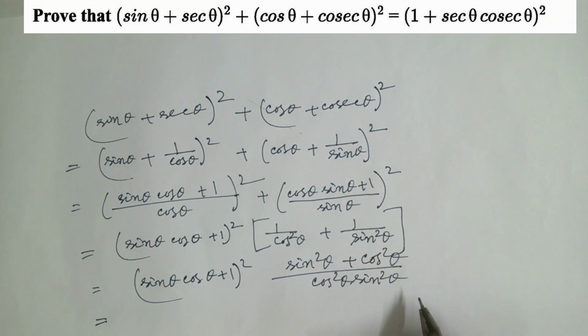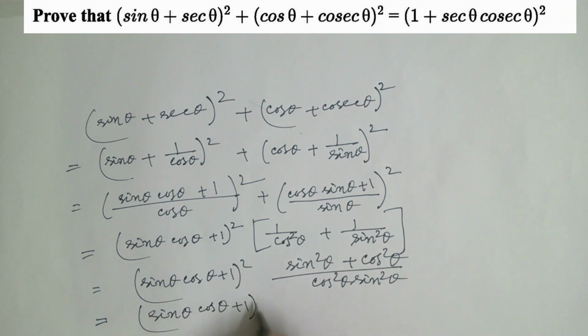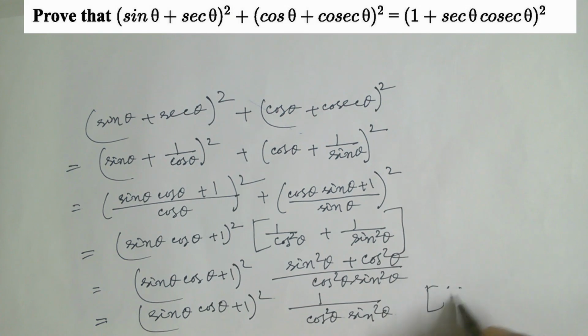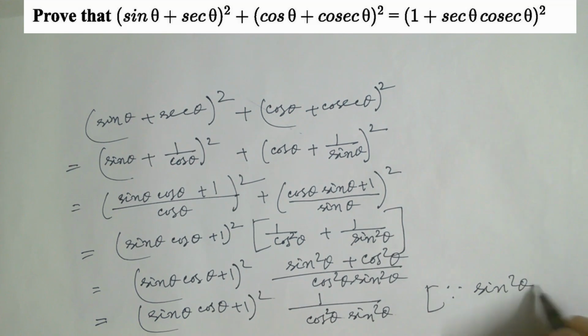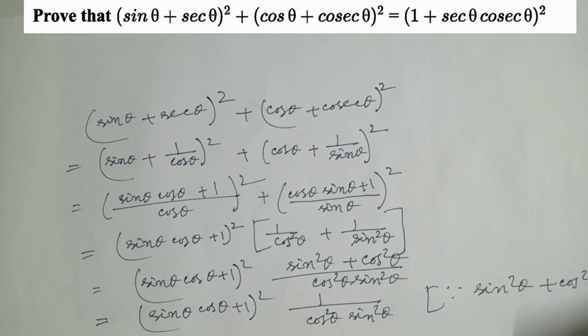see, from trigonometric ratios, the formula sin square theta plus cos square theta is equal to 1. So we may write, but this can be reduced, square 1 by cos theta as 1.